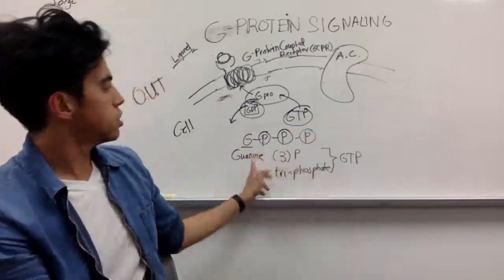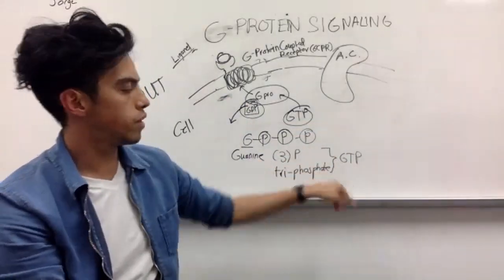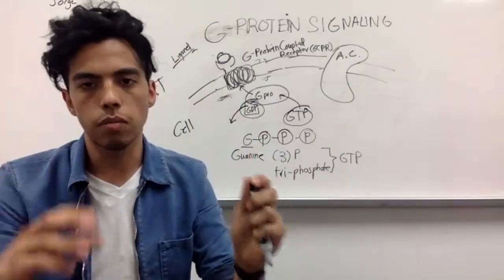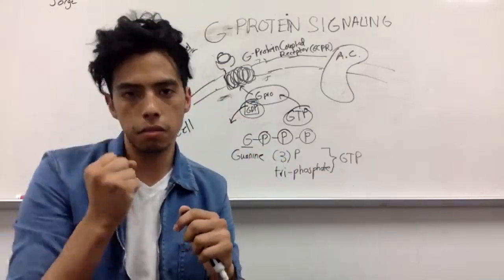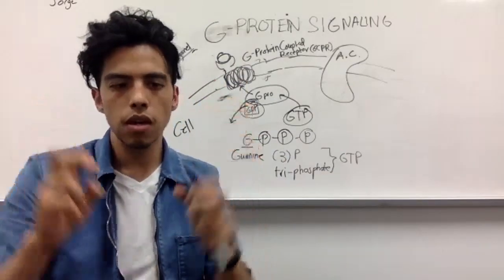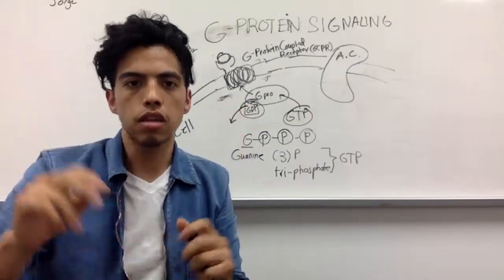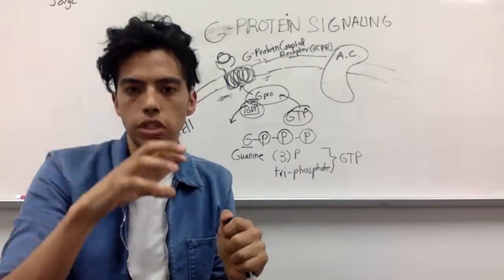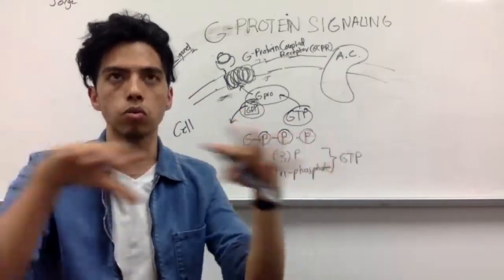Because like I said, GTP, or guanine triphosphate, is very energetic, and so when a molecule has GTP or ATP, it's considered activated, in terms of this class, because of the energy that GTP holds within that molecule.